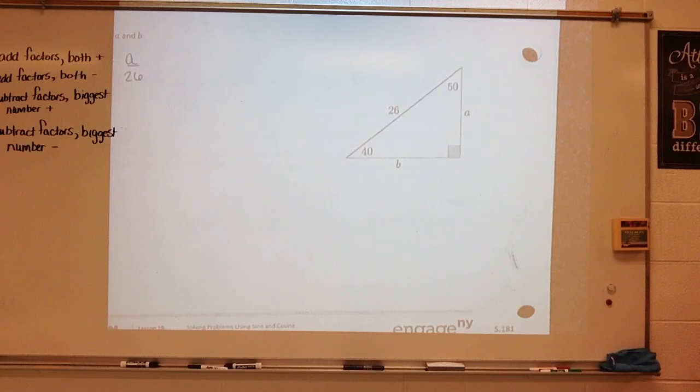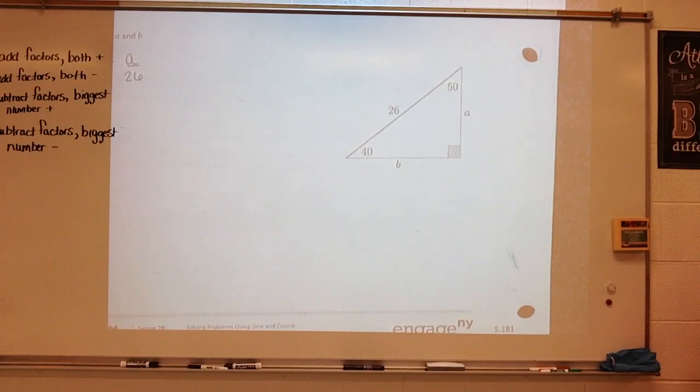To calculate the length of A, we must determine the value of 26 sine of 40, because A is equal to 26 sine of 40. So we will round our answer to 2 decimal places. Alright, so this is where your graphing calculators will come in handy.